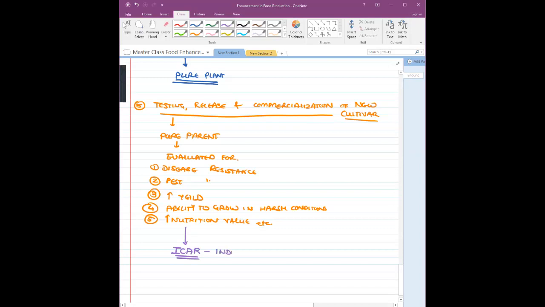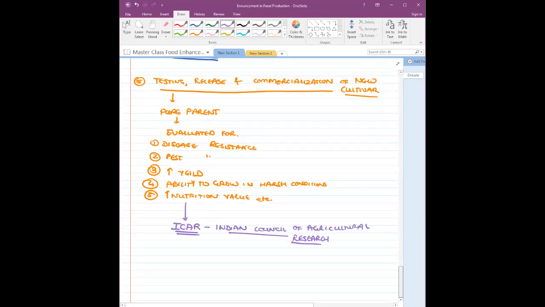This is a very important body, ICAR. Once you have got this new variety, you have to submit it to ICAR. Now, what is ICAR going to do? First, they grow them in controlled conditions to see whether the characteristics are true or no.